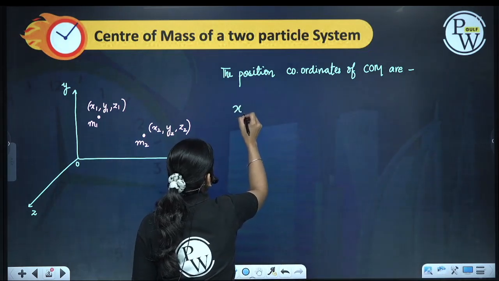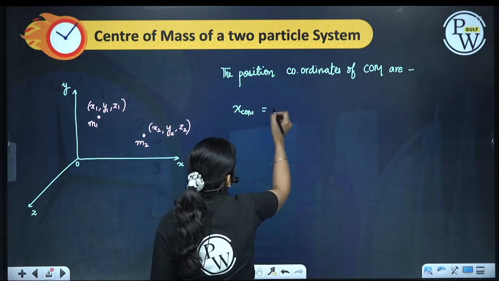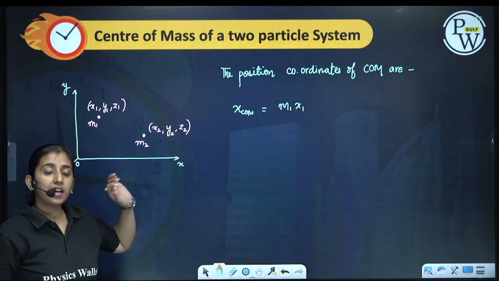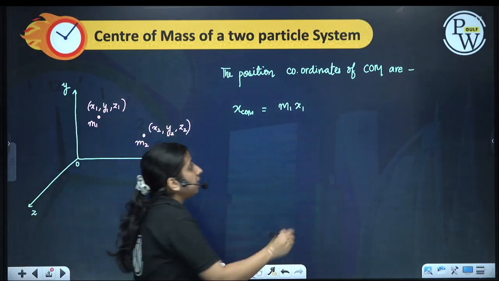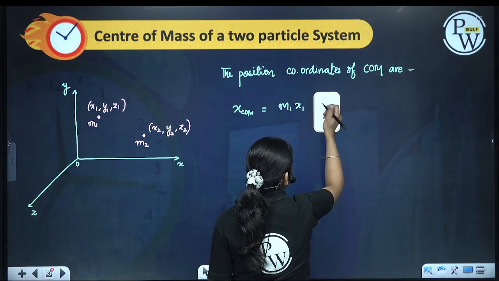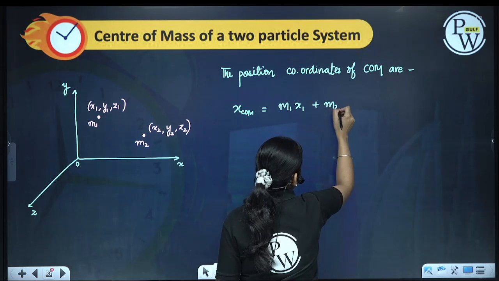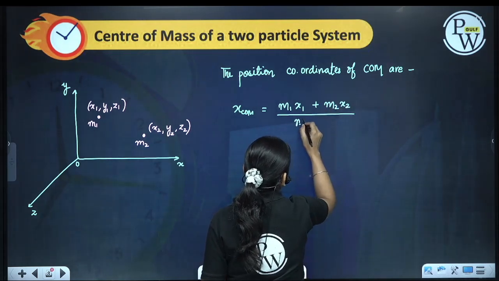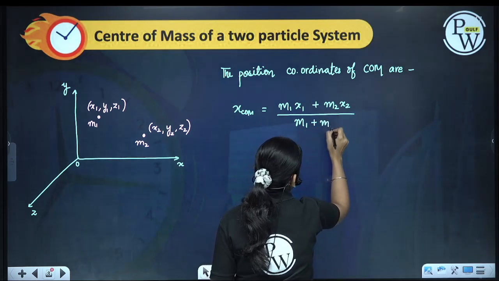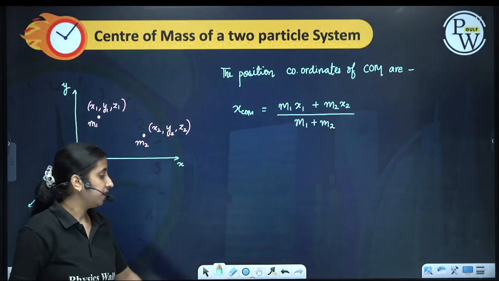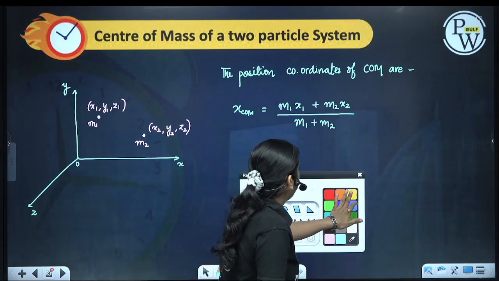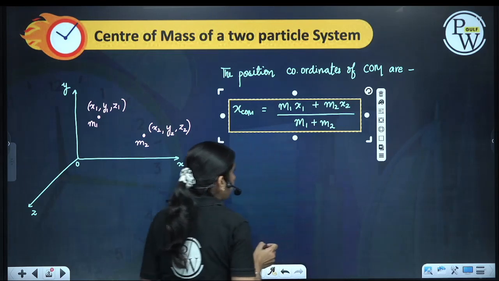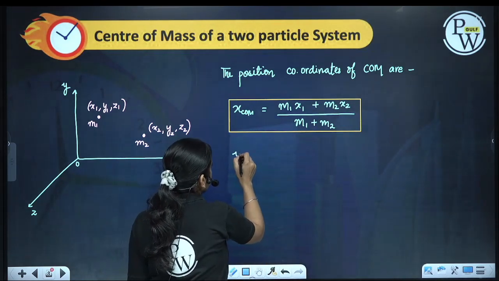The x coordinate of the center of mass will be equal to m1 into x1, the mass of the particle into its x coordinate, plus m2 into x2, divided by m1 plus m2.